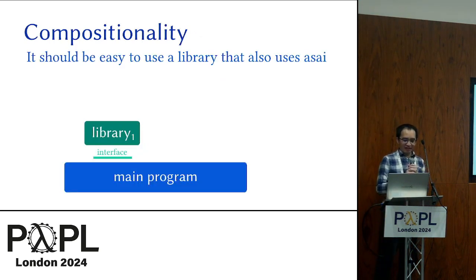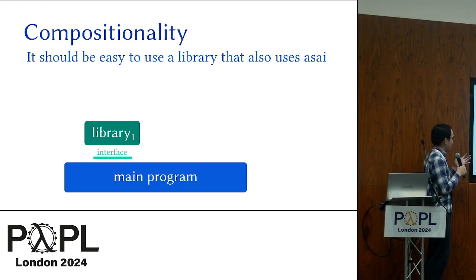Okay, now I think I'm going into the territory where I'm going to have more and more rants and maybe jokes. So the first thing is compositionality. This is something we really want to uphold in our library design. The typical thing that you might be thinking about is that your main program is using the library.